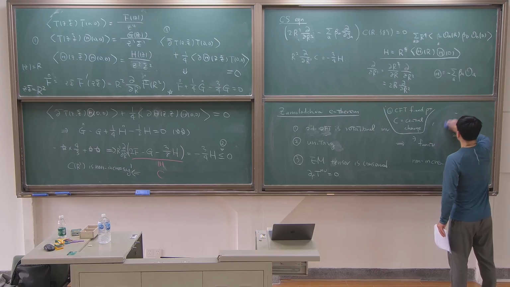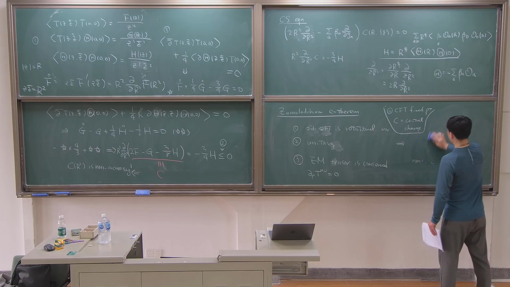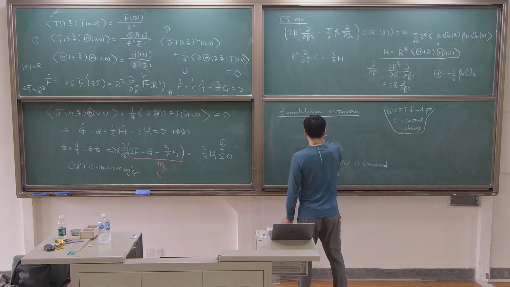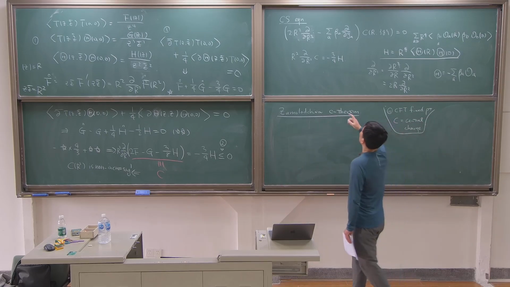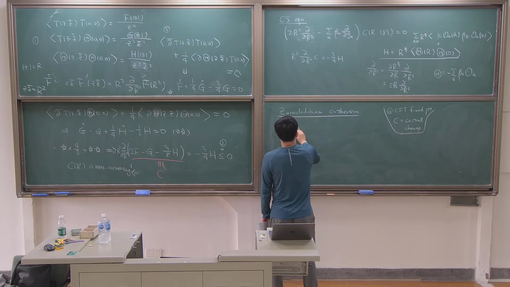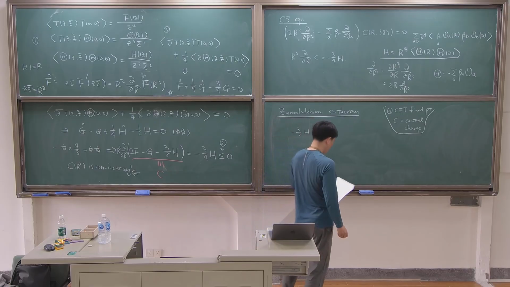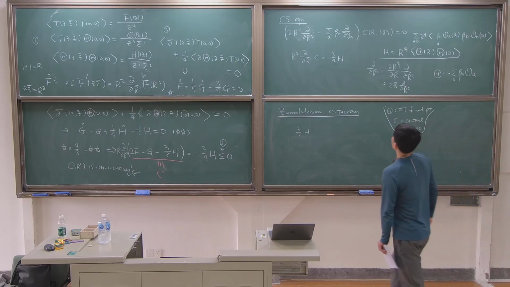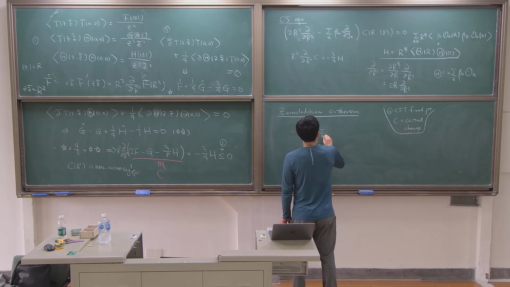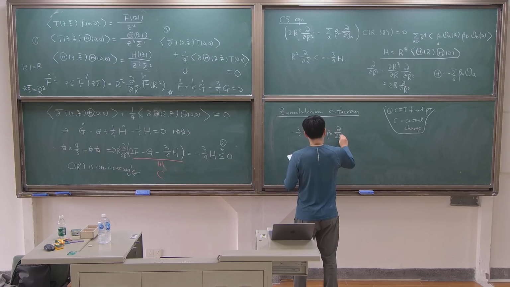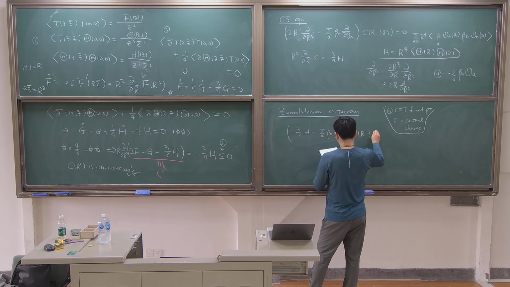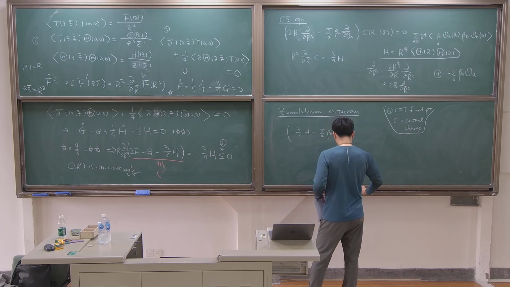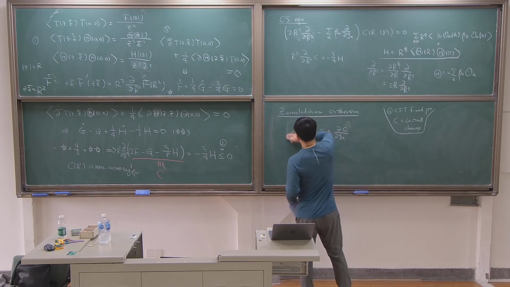So now, here 2 times minus 3 over 2h, minus 2 times h minus sum over a, beta^a, delta_a acts on C(r) is equal to 0.